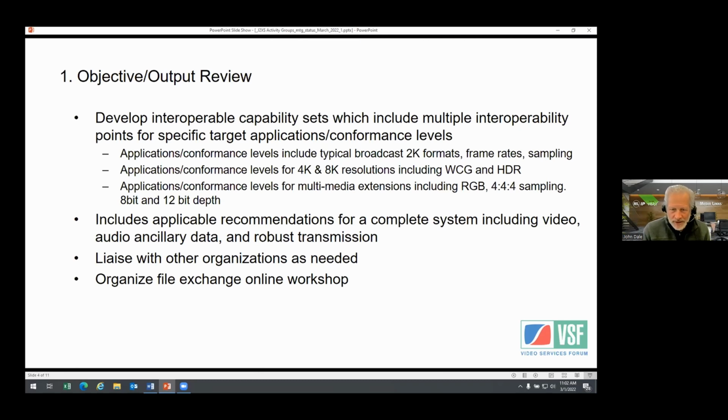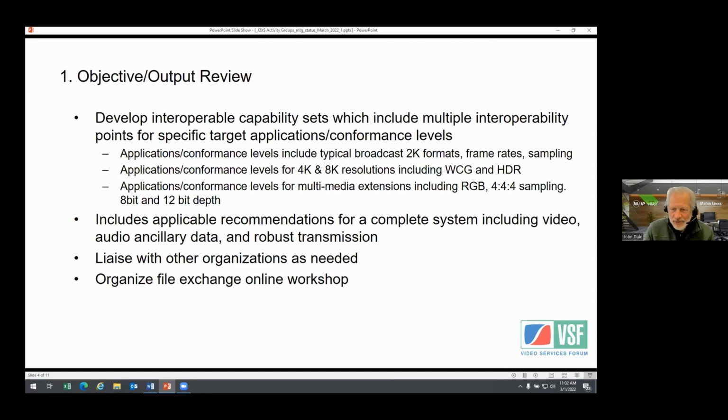You see there the 3 bullets: typical broadcast 2K formats and frame rates, as well as 422 sampling. But we also expanded this to include 4K and 8K resolutions, and including wide color gamut and HDR interoperability points.